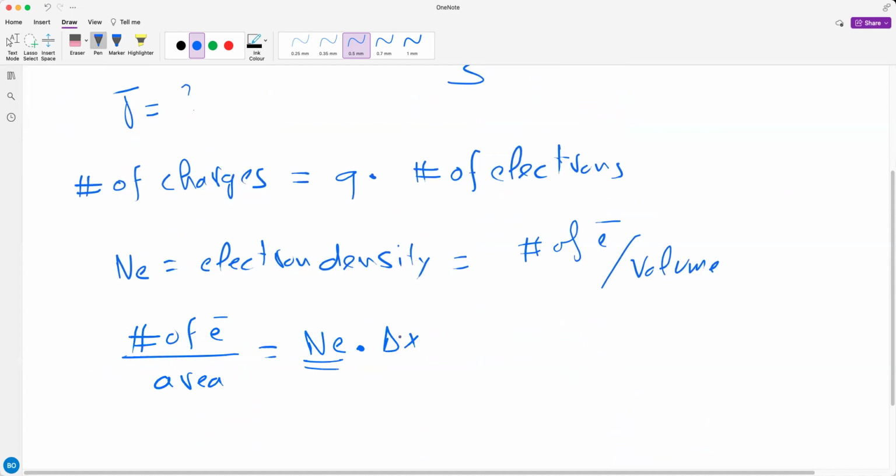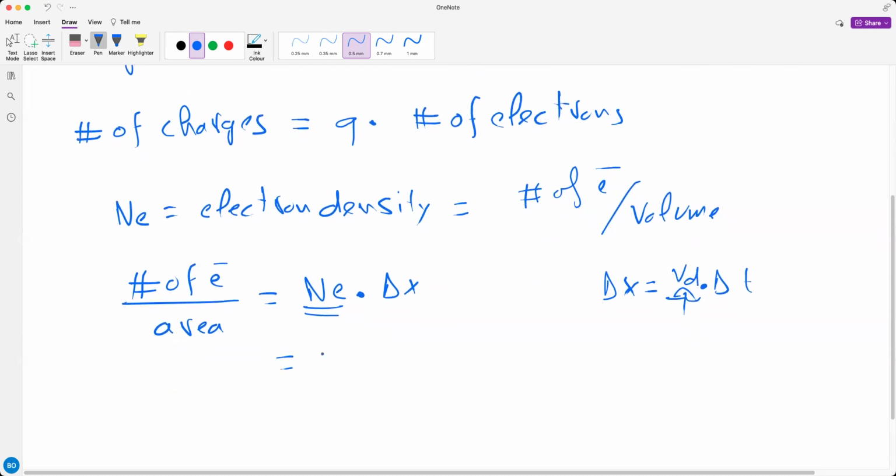Okay, are you following? And we know that delta x is equal to delta t times, which parameter is here? The distance traveled by the electron during delta t is equal to what should I write? The drift velocity. Exactly, the drift velocity.